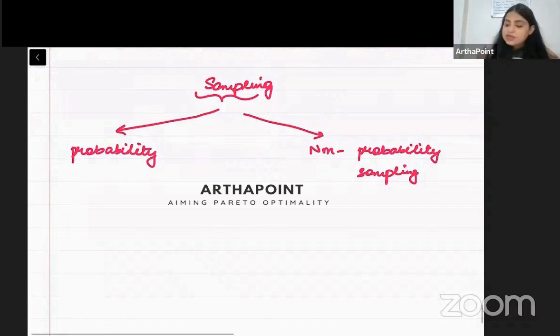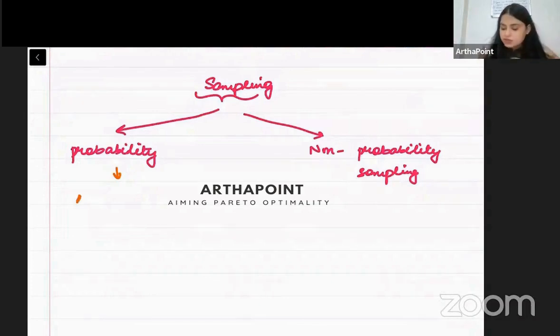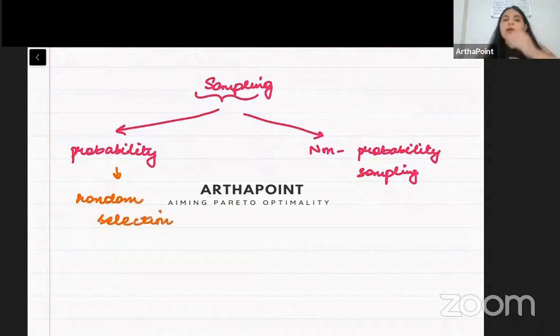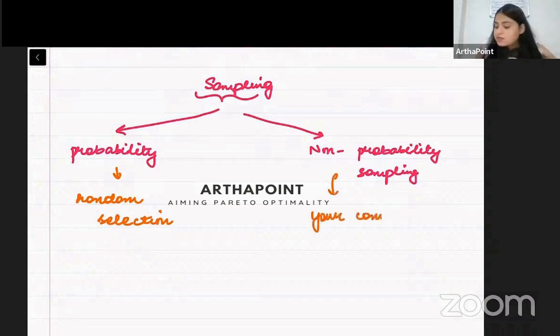Probability sampling means it is on the basis of probability, that means by random selection. And non-probability sampling means it is based on your convenience or non-random selection.